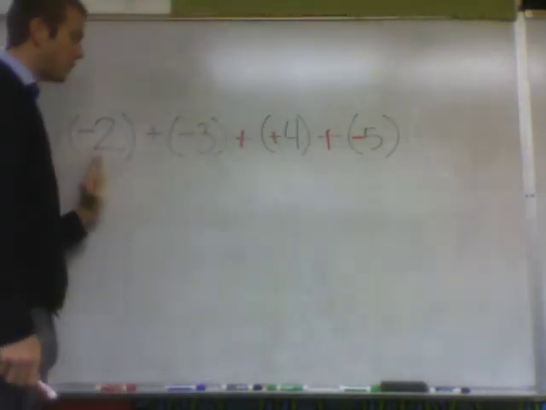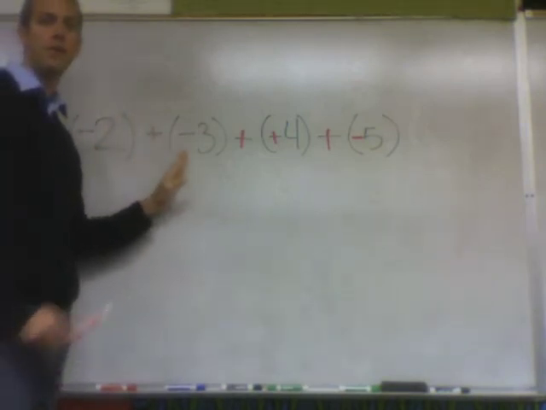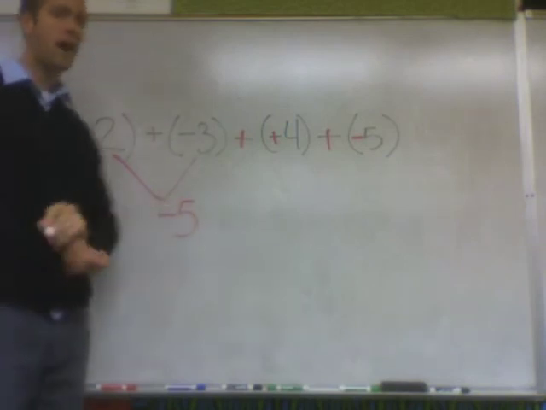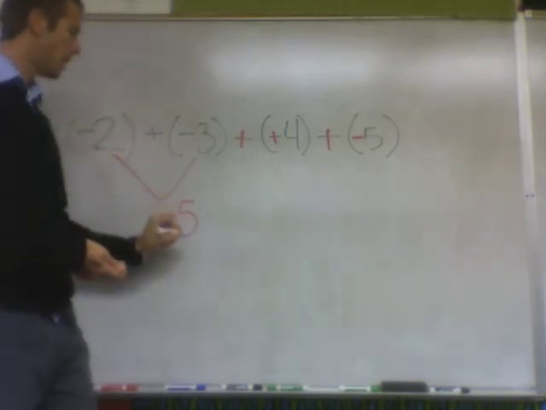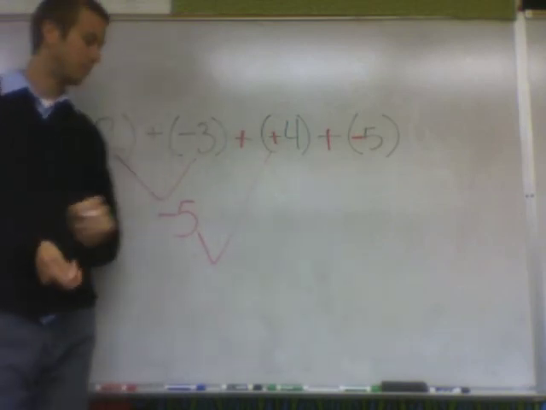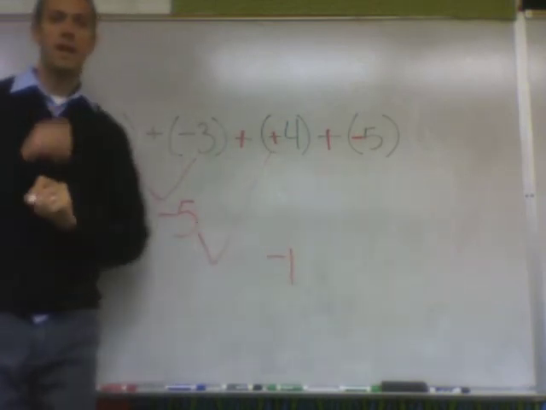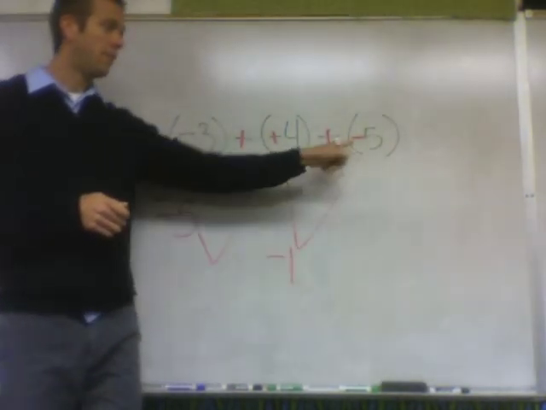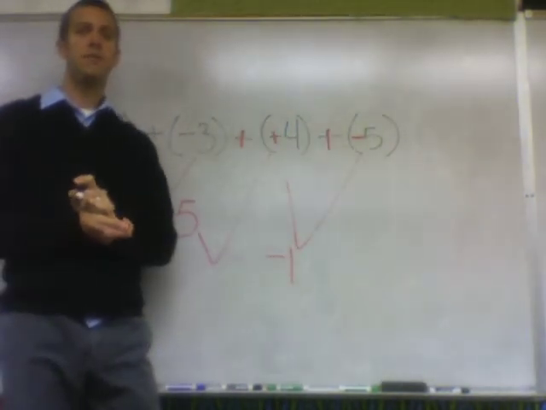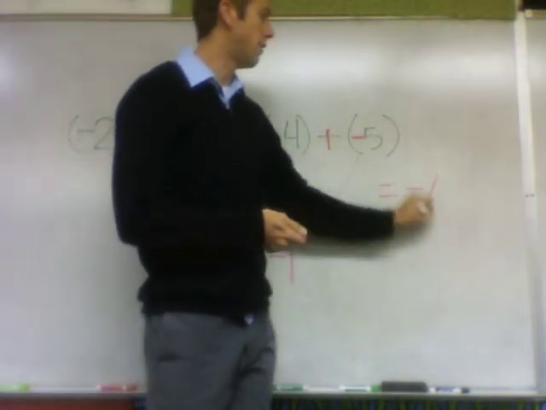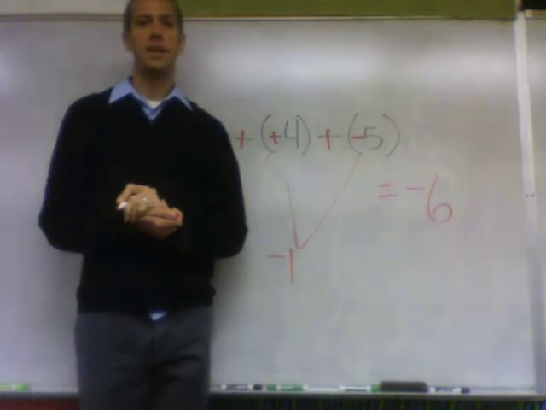So -2 and -3 is -5. 5 negative symbols, right? And 4 positive symbols. That's only going to leave you with 1 negative, right? And 5 negatives. -5 and -1 will leave you with the answer of -6.